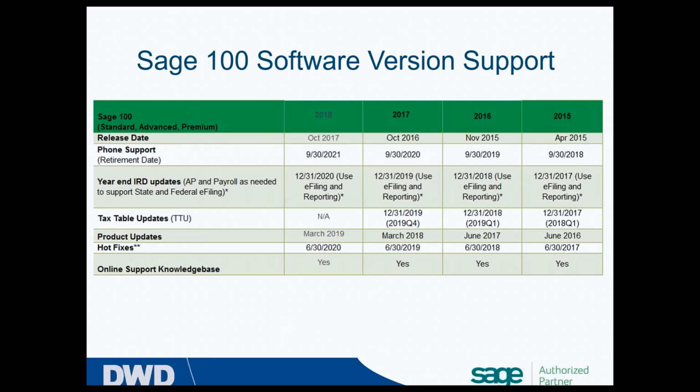And you're going to notice that version 2015 is the last version that's supported this year, and its support drops off next year. So if you're running on anything prior to 2015 and you need to process your forms, we've got to really strongly consider getting that upgraded so that you can get access to the updated forms.